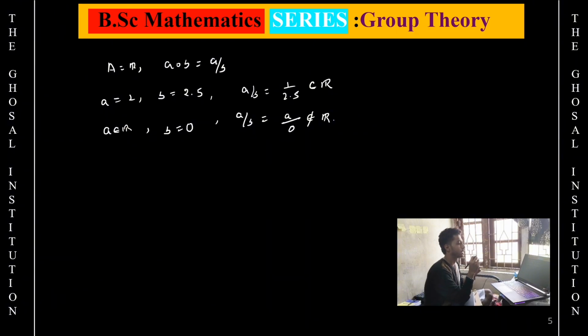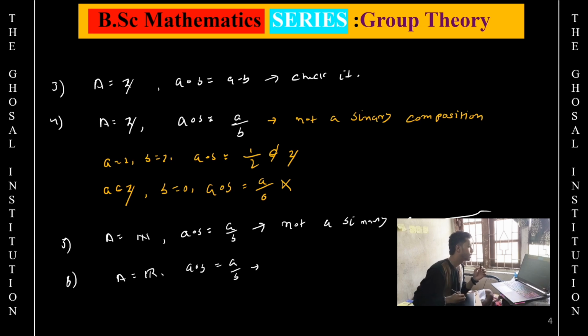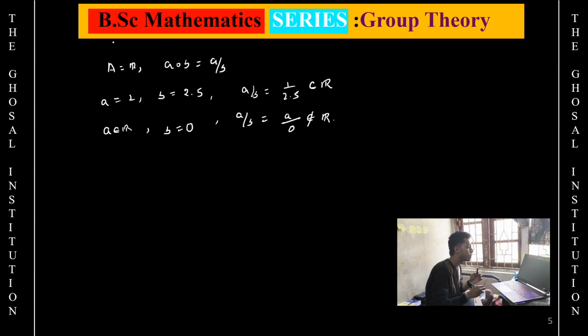So A compose B equals A by B does not form a binary composition on the set Z, and also does not form a binary composition on R.